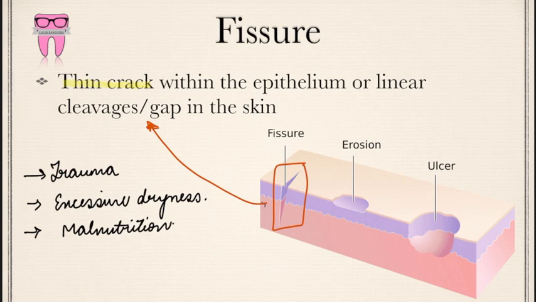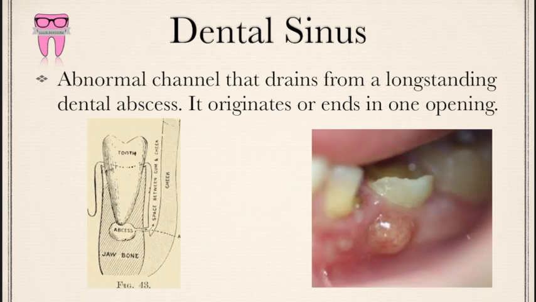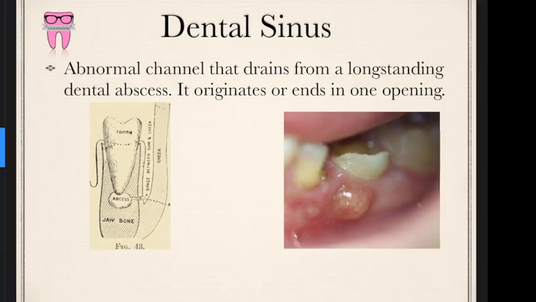Now coming to the next lesion which is present above the level of the mucosa, a dental sinus. Dental sinus occurs because of long-standing abscess. Abscess we have studied. This is a lesion present under the level of the mucosa.